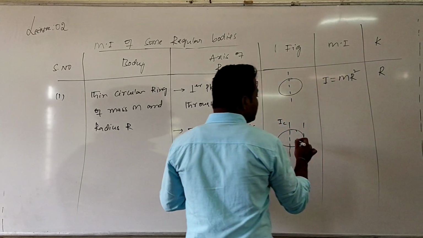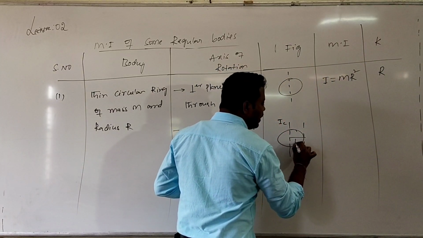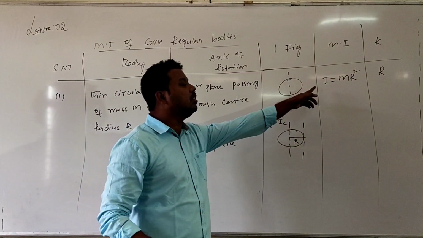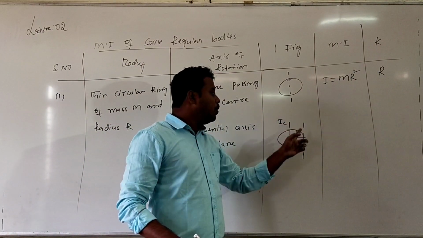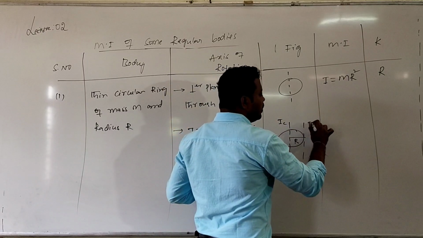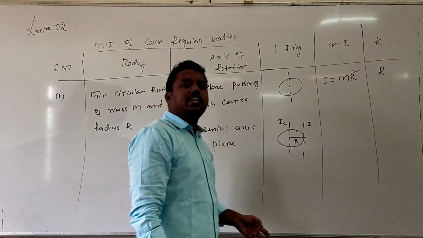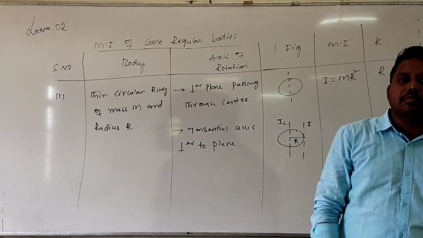What is the perpendicular distance between these two axes? That is exactly equal to R. I know the IC value is equal to mr square. I want to calculate the I value. Whenever the two axes are parallel, yesterday in class we discussed which theorem I need to apply? Parallel axis theorem.